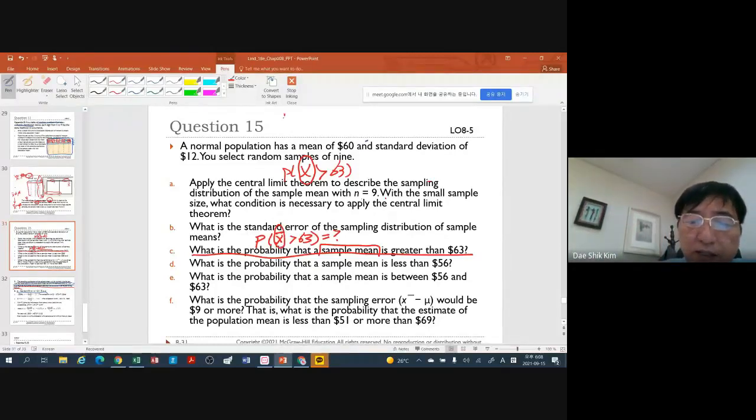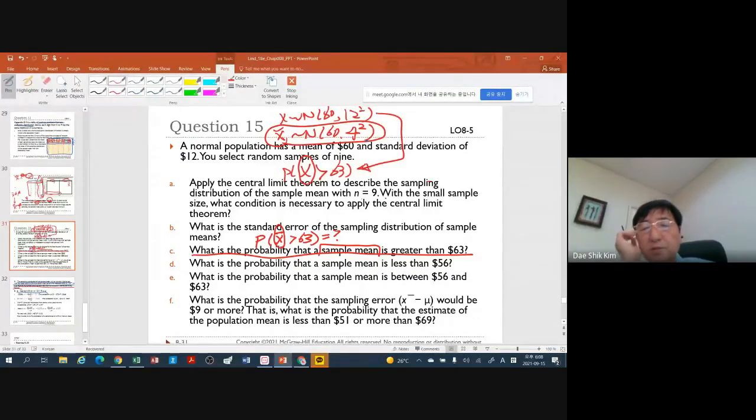You need to understand X will follow a normal distribution with 60 and 12 squared. X bar will follow a normal distribution, the average is the same, but the standard deviation is different. To answer this one, you need to use the sample mean distribution.